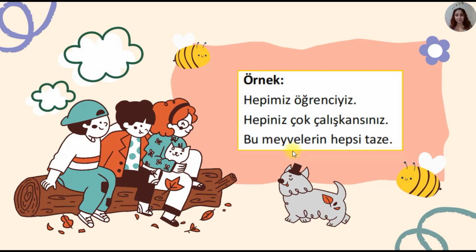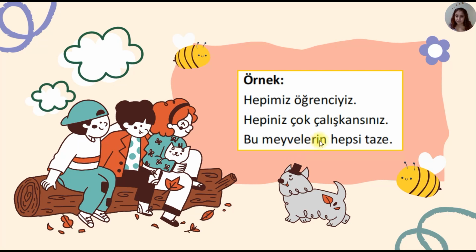This example is quite important because when you say meyvelerin hepsi, it sounds like noun complement, and you want to say meyvelerin hepsi, all of the fruits. And instead of saying all of them, now they subject is all the fruits, and it is possible to say meyvelerin hepsi. Like onların something something possessive context. Onların masası.